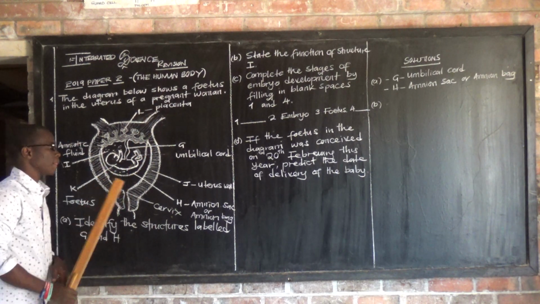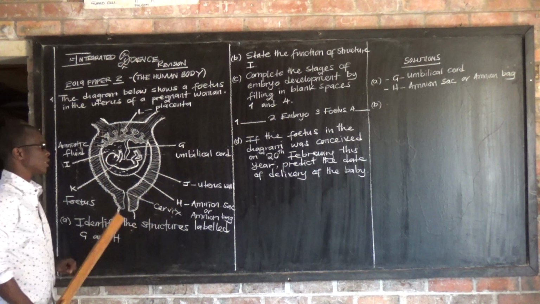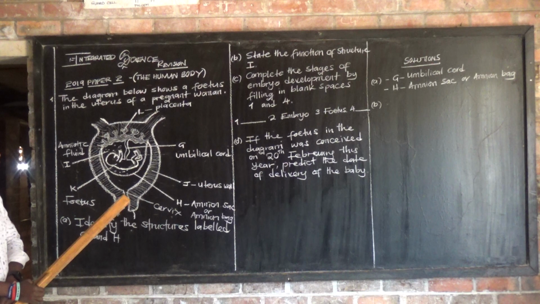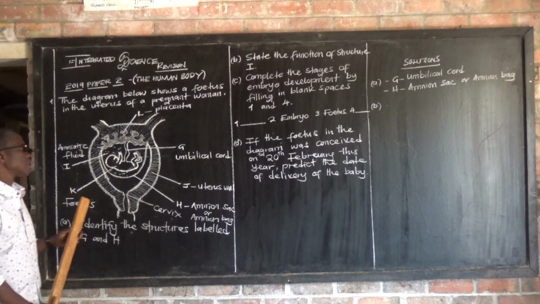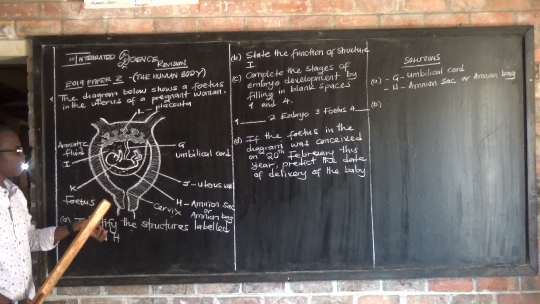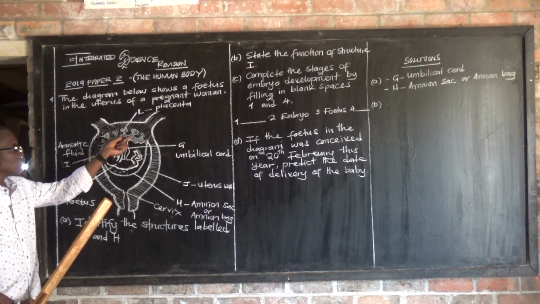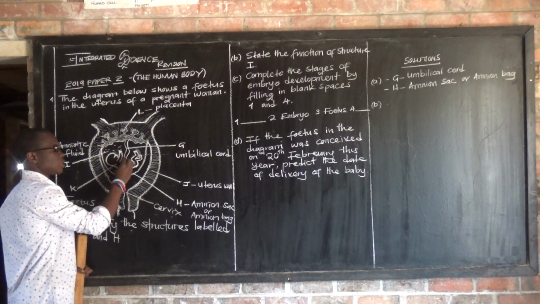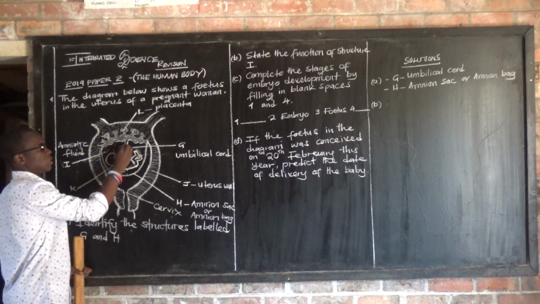Then the umbilical cord, what is the function? It carries waste products such as carbon dioxide from the fetus to the placenta.